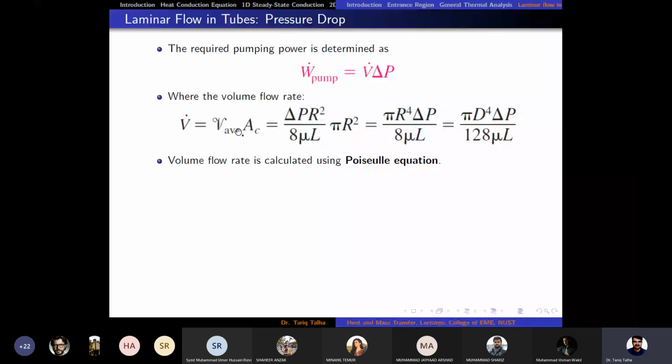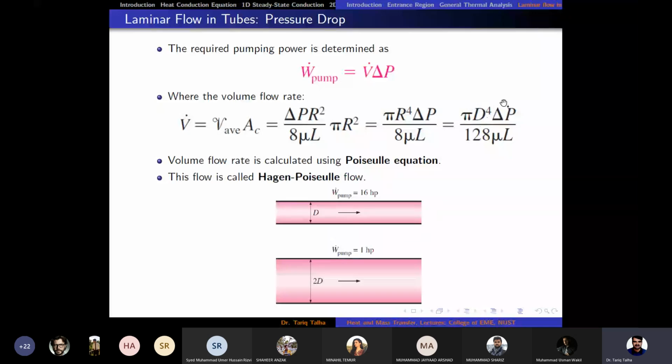Then if we do the mathematical manipulation, we can write V dot in terms of pi d to the power 4 times delta P over 128 mu L. So for a given diameter, if we increase the diameter keeping the same volume flow rate, then we would need 16 times less horsepower, because the diameter comes in the denominator on this side.